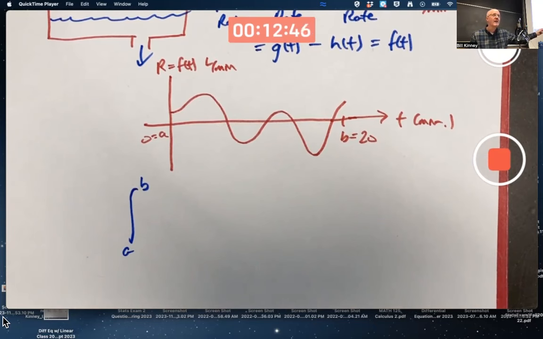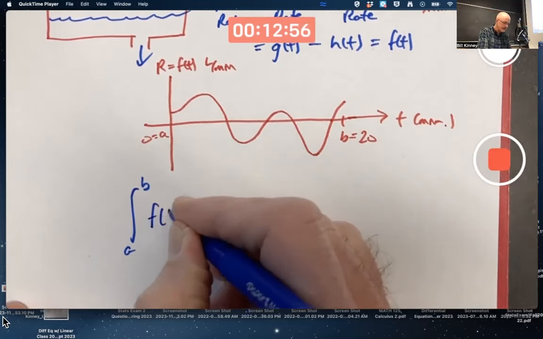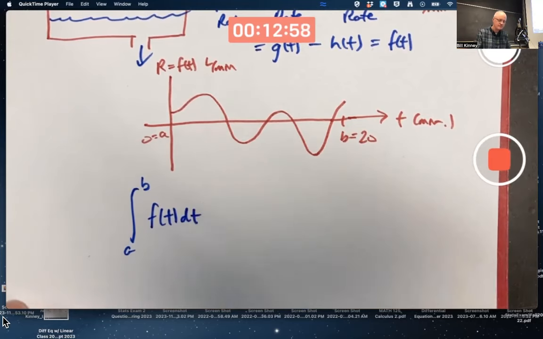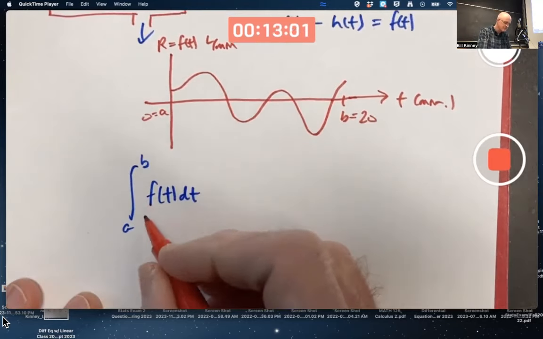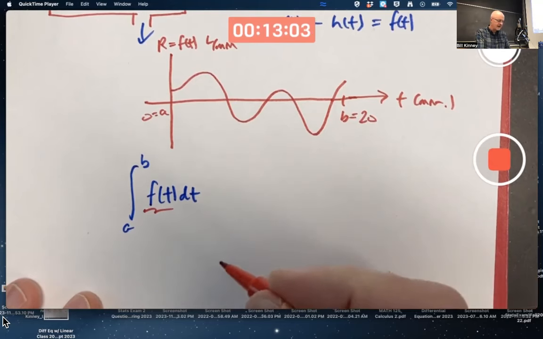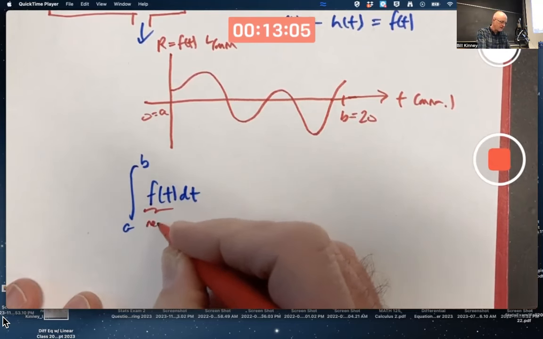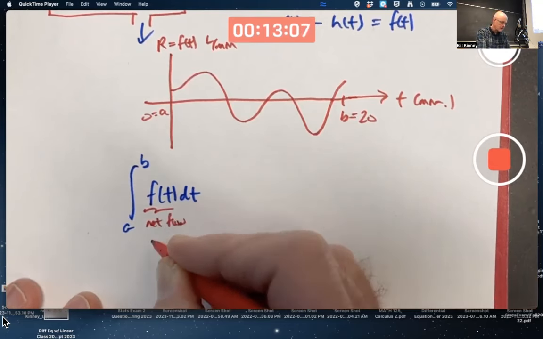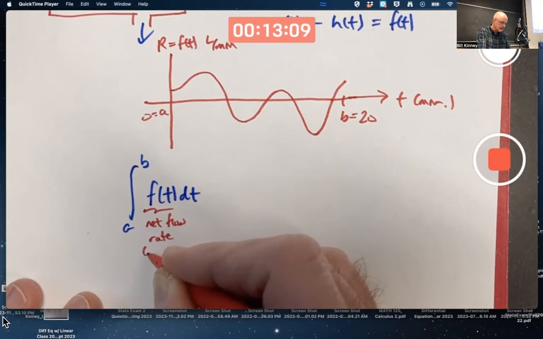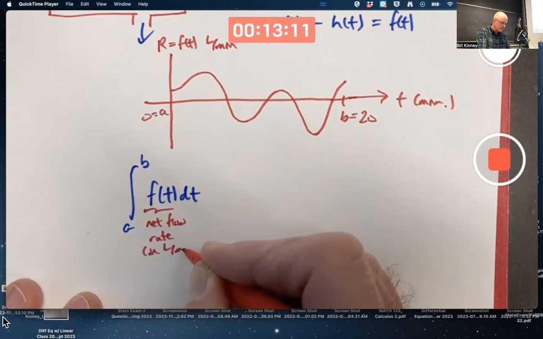Why? It's because they're thinking about it in this kind of way. Not this exact same example necessarily, but similar kind of thinking. You could write f of t dt here. That again is the net flow rate in liters per minute.